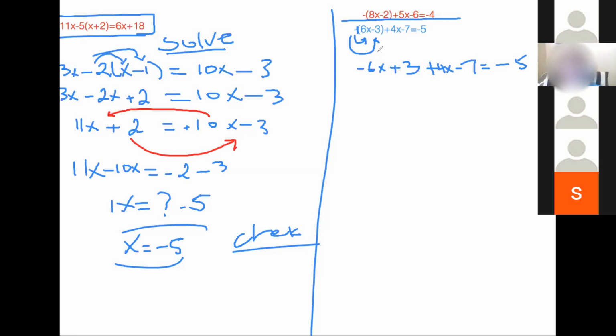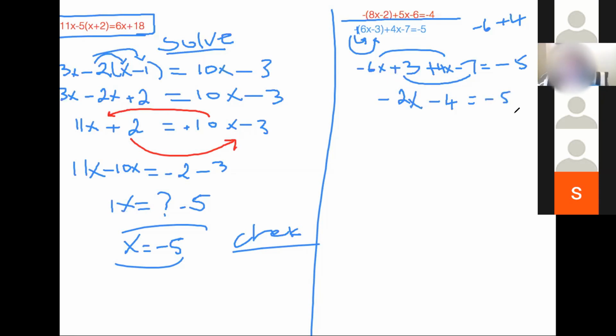But be careful, it's -6 plus 4. What would that be? Negative 2. -2x, that's right. Then we combine +3 minus 7, which is? Negative 4. That's right, it will be -4. And this stays the same.